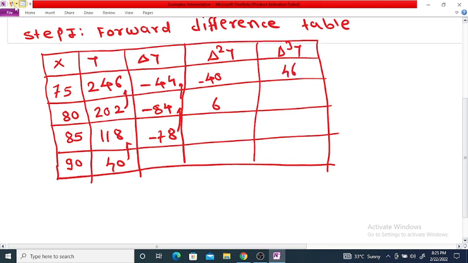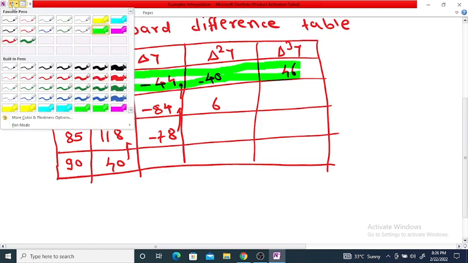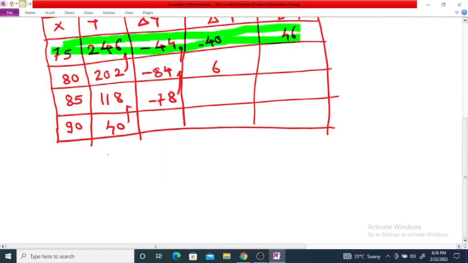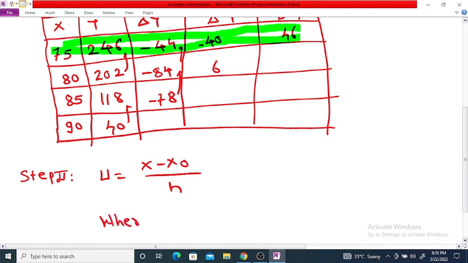Now since we are going to apply the Newton forward interpolation formula, these row values we are going to use in the formula. So step number 2, here we are going to find the value of u, which is equal to x minus x0 divided by h, where x is the value at that point we want to determine f.